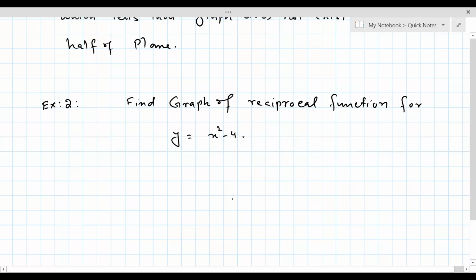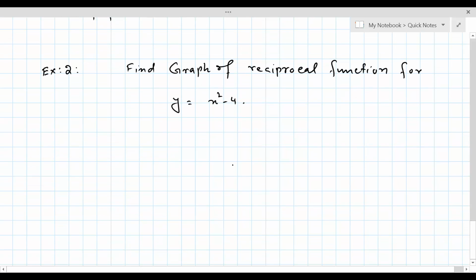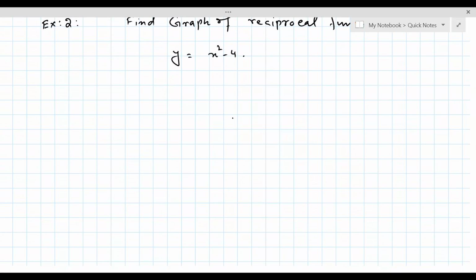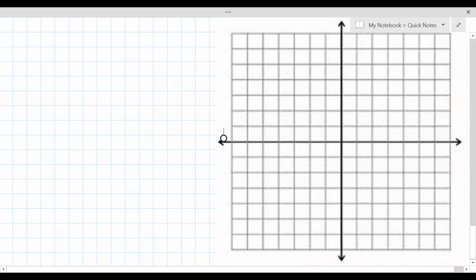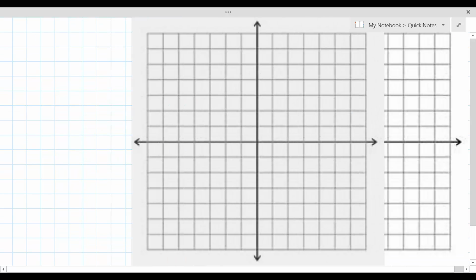So this will be an interesting situation. Here again we need to have a grid. So let's have a grid here and move this grid over this side a bit.